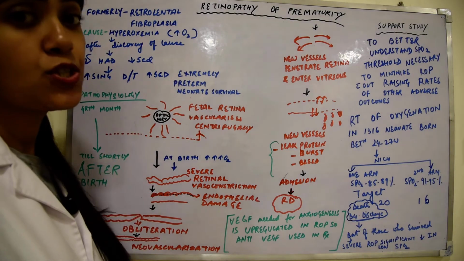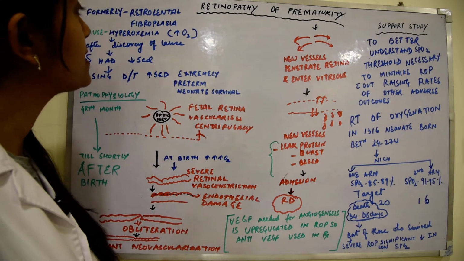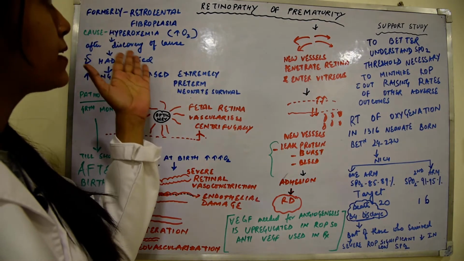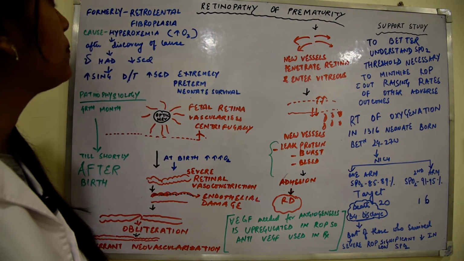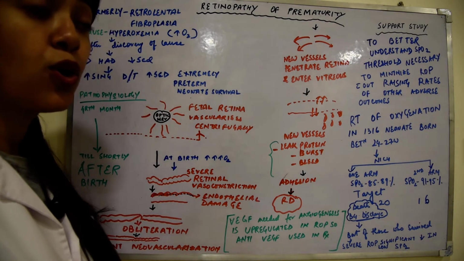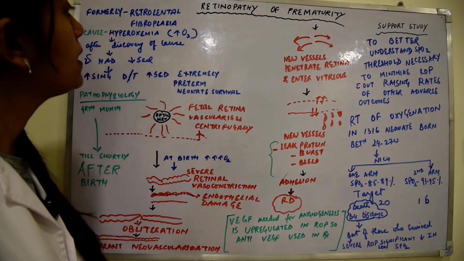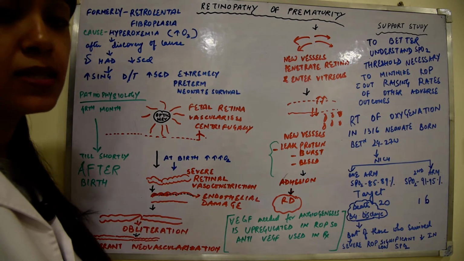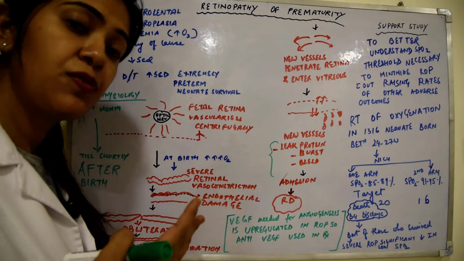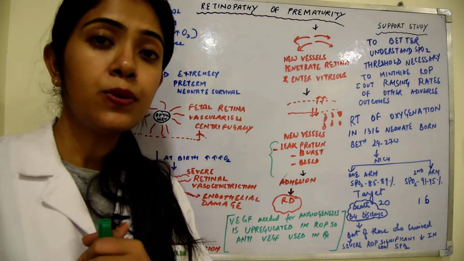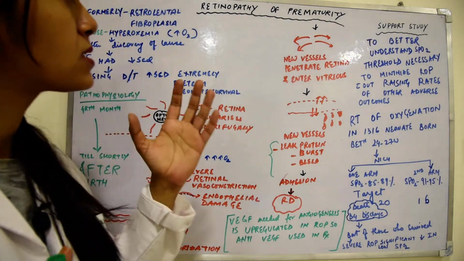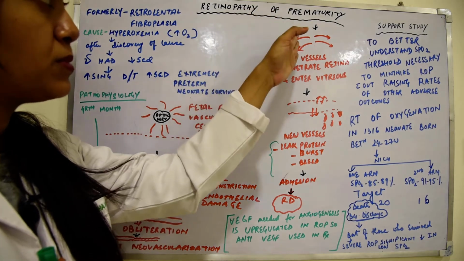Now this condition was formerly known as retrolental fibroplasia, and later the cause was found to be hyperoxemia, that is too much oxygen when given to the neonate, that leads to this condition of retinopathy of prematurity.